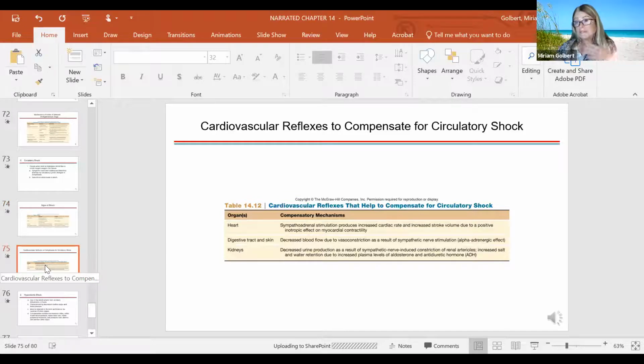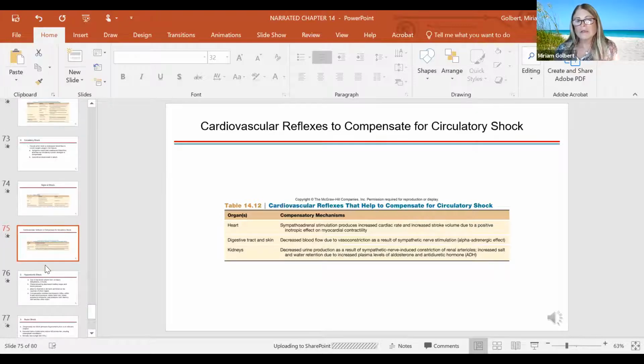So what does the body do to compensate for a circulatory shock? It could be because of hemorrhage or something like that. Your heart rate starts to increase tremendously, and it will also increase the contractility, the strength. At the same time, we're going to reduce blood flow to the rest of the organs.